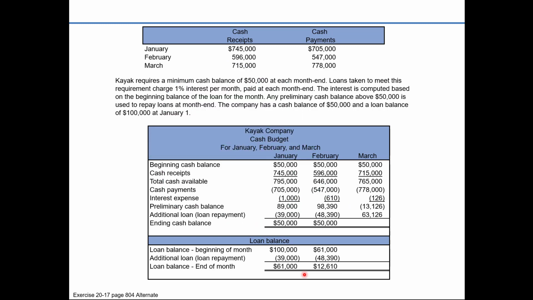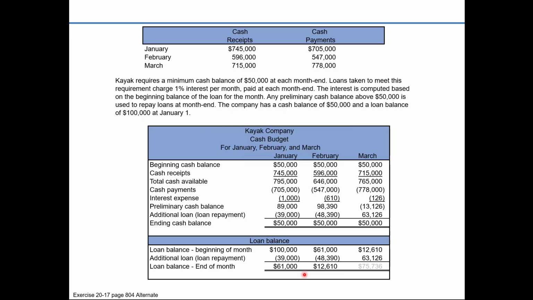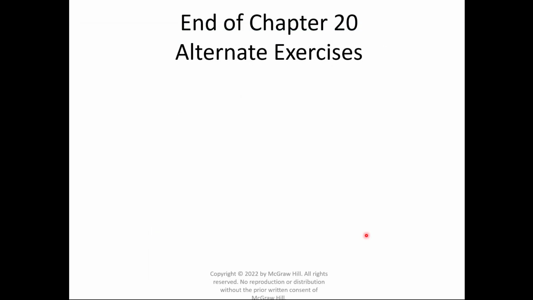So we have to make a loan of 63,126. We owed already 12,610. So adding the 63,126 to the 12,610 means that now we owe 75,736 in order to maintain our $50,000 cash balance. This concludes the Chapter 20 alternate exercises.